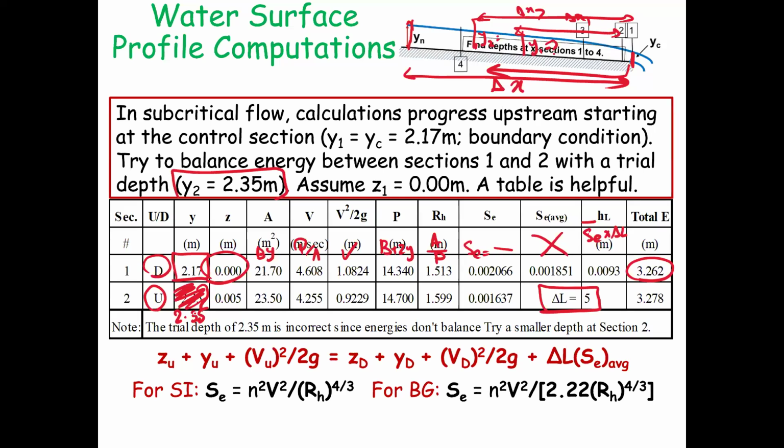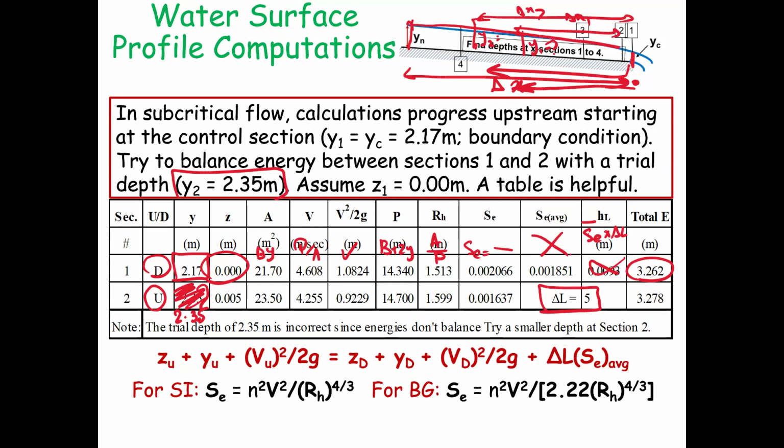For sure more. Why? Because the water is decreasing here. So when you start from here and go upstream, the water should increase. So your first choice should be more than 2.17.